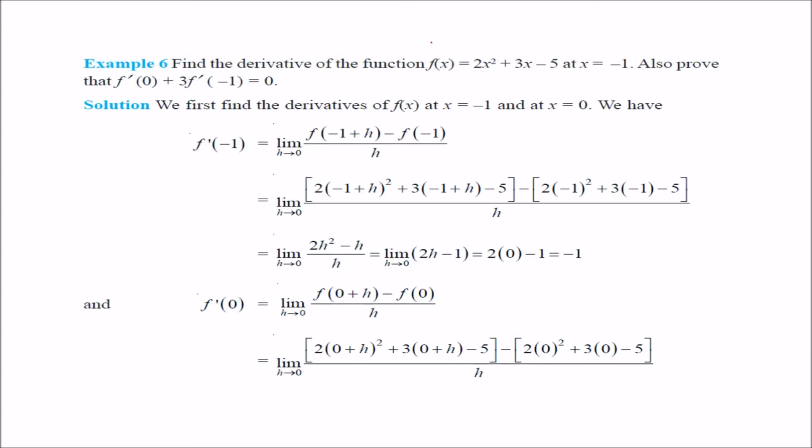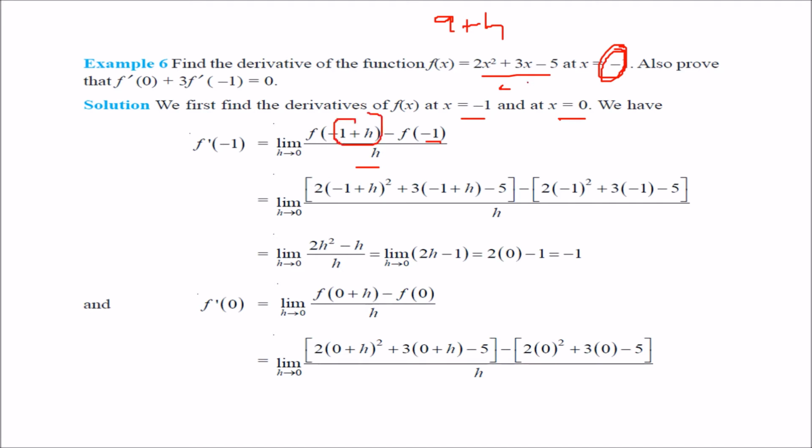Now you have to find the derivative of the function 2x square plus 3x minus 5. Here f(x) is this and a is minus 1. So the derivative of f(x) at x equal to minus 1 and x equal to 0. For f dash minus 1, you have to place minus 1 plus h, that is a plus h, where a is minus 1. f(a plus h) minus f(a), divided by h.